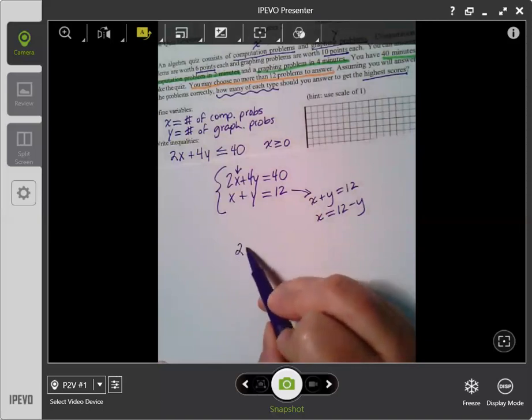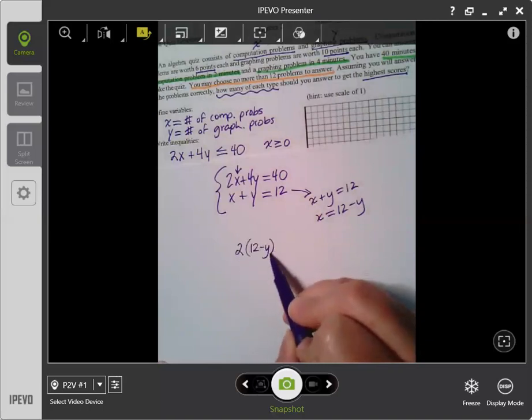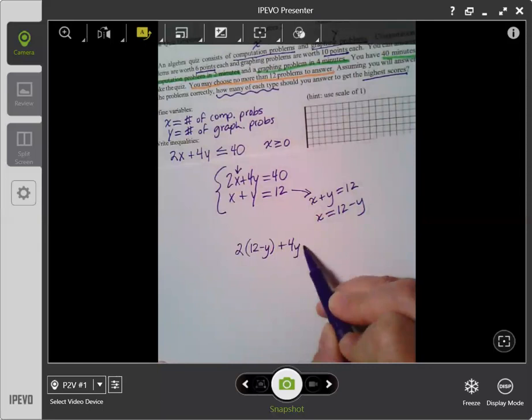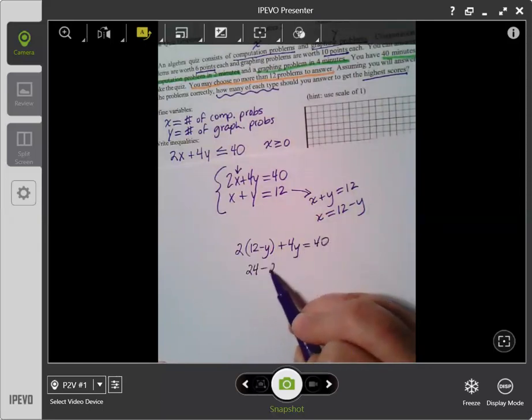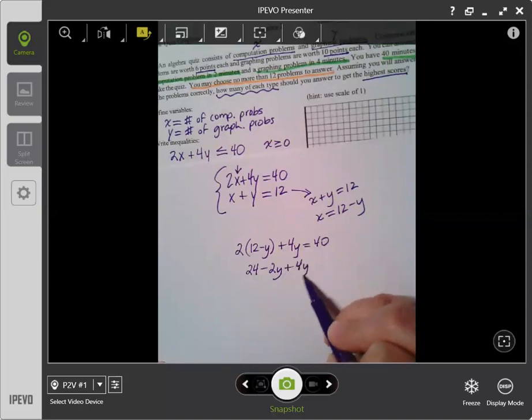So 2 times 12 minus y plus 4y equals 40. So 24 minus 2y plus 4y equals 40. 24 plus 2y equals 40. 2y equals 16, subtracted 24 from both sides, and y is 8.